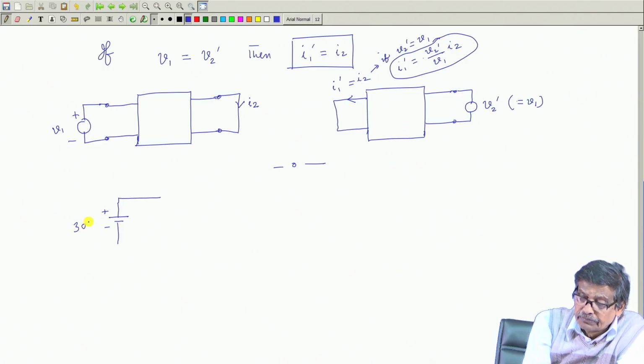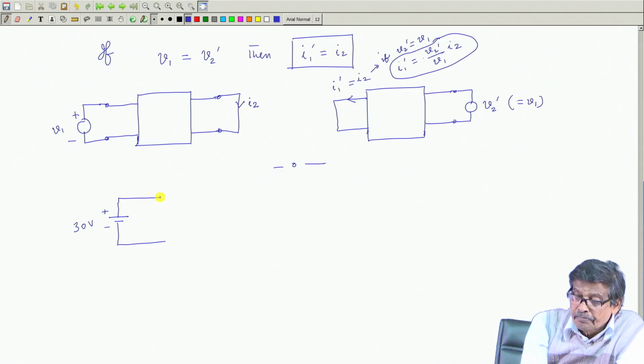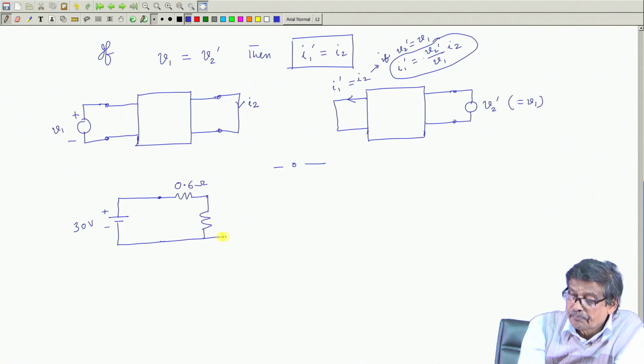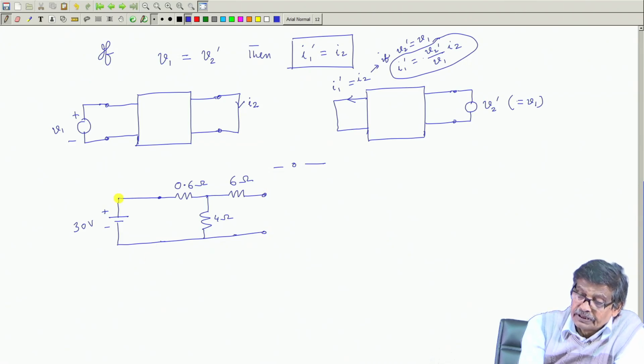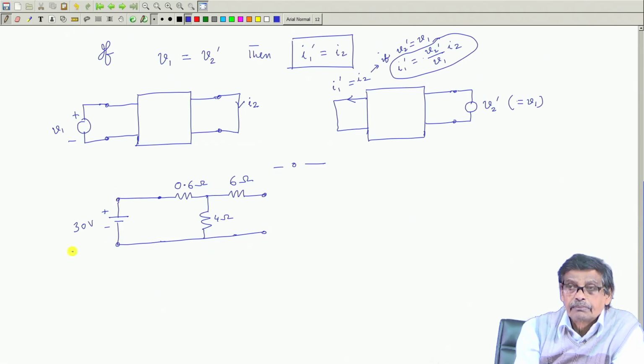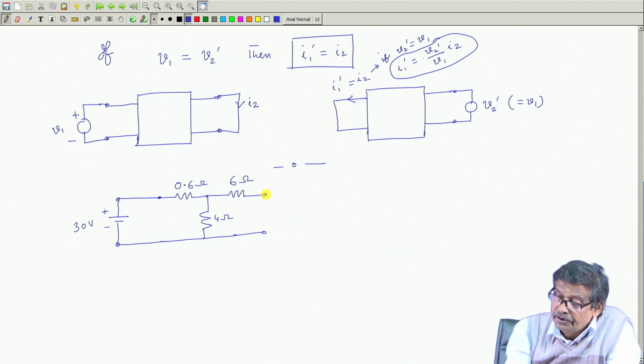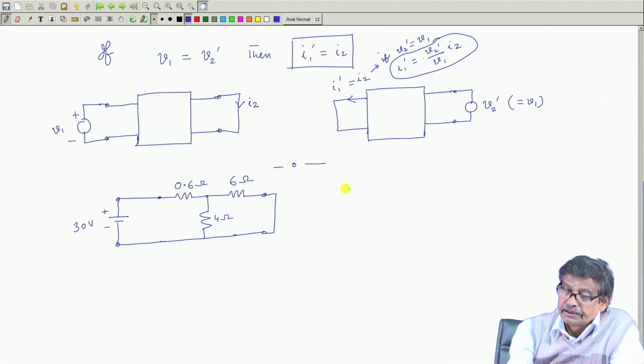This is suppose a 30 volt source you have applied, and the network has 0.6 ohm, 4 ohm, and here 6 ohm. Between these two terminals I have applied 30 volt and I will short this. So, this is network A in that example.